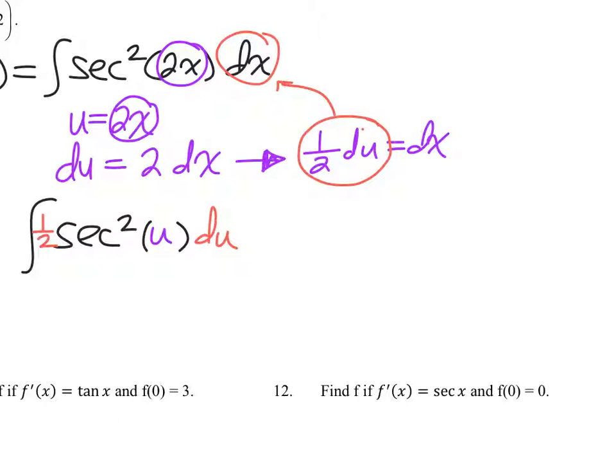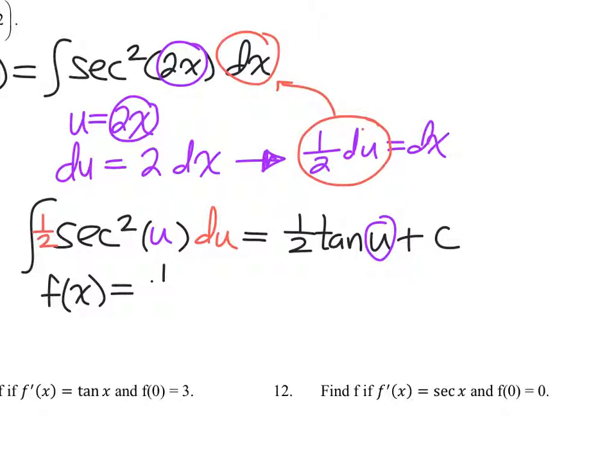So this is going to be 1/2 tangent u plus c. But since u is equal to 2x, that gives us our general solution, f of x equals 1/2 tangent of 2x plus c.